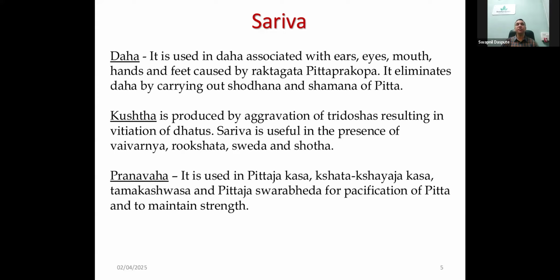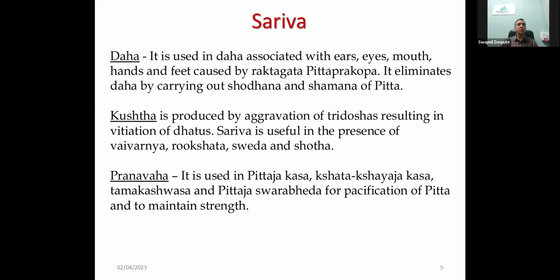So Sariva is useful in presence of Vaivarnya, Rukshata, Sweda and Shodha related to Kushtha. So when you see these particular symptoms and signs in Kushtha, Sariva can be used for treating it.